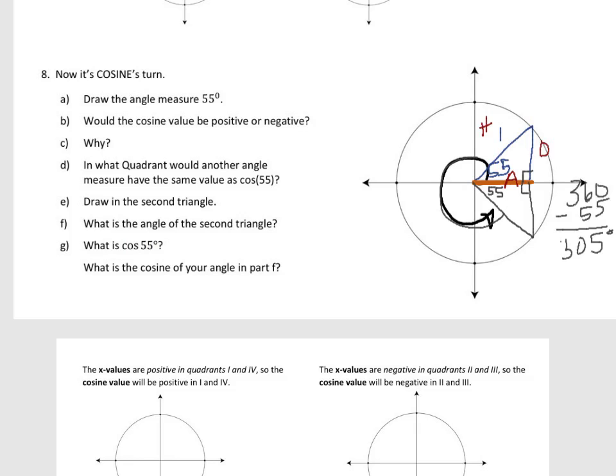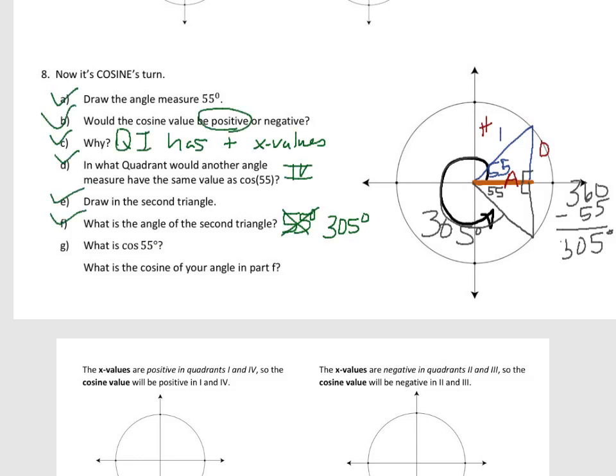So the polar angle would be 305 degrees to get to that 55 degree reference angle that has the same value as the cosine of 55. If you would like to check that, you should be able to take the cosine of 55, and it will be the same thing as the cosine of 305, because both of those triangles have the reference angle of 55, and they share this adjacent side, which is our x value.